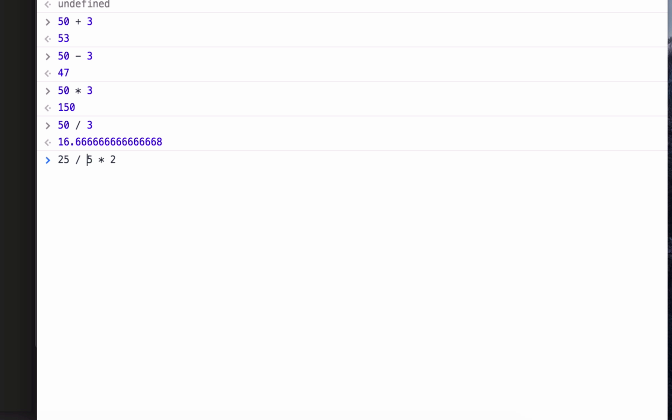In this case, because division and multiplication are both on the same level of precedence, JavaScript is going to read this expression from left to right. So we should have 25 divided by 5 executed first, which is 5, and 5 times 2 is 10. So as you can see, it read it from left to right.